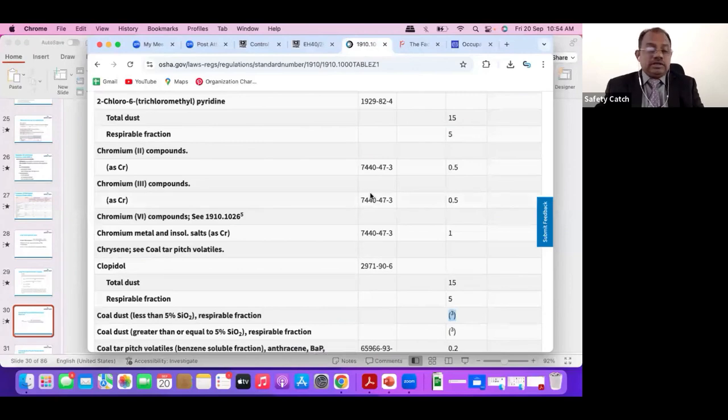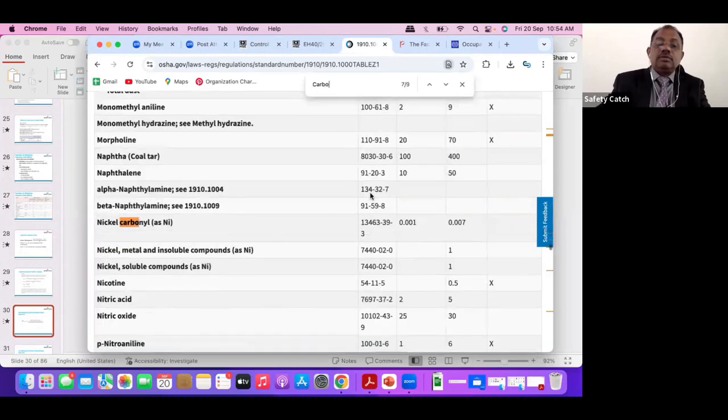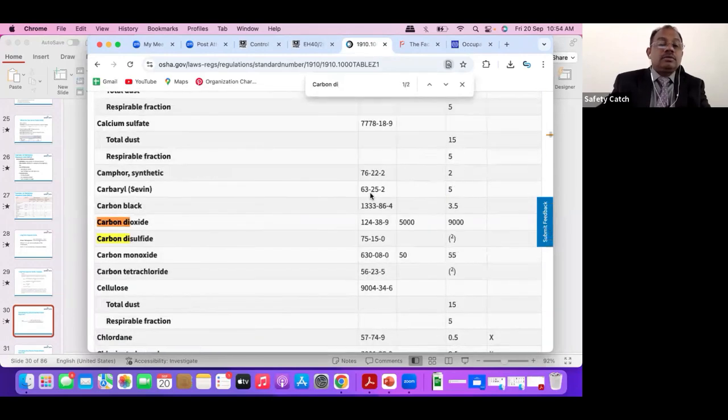So when you go to the Z table, you identify carbon dioxide. You can see carbon dioxide here, 5,000 ppm. The permissible exposure limit is 5,000 ppm for carbon dioxide.